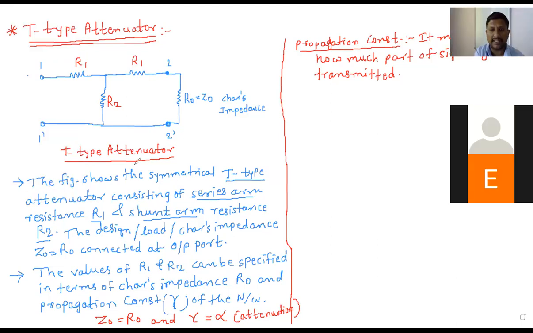So for deciding the attenuation and the characteristic impedance R0, these two parameters will help to design the particular attenuator. Particular attenuator means T type, pi type, like this. In that we have to design R1, R2. So the R1, R2 formulas must depend on the attenuation alpha as well as the characteristic impedance R0.